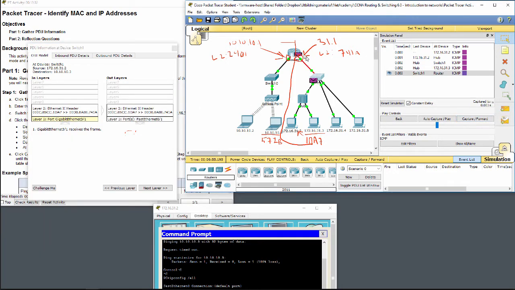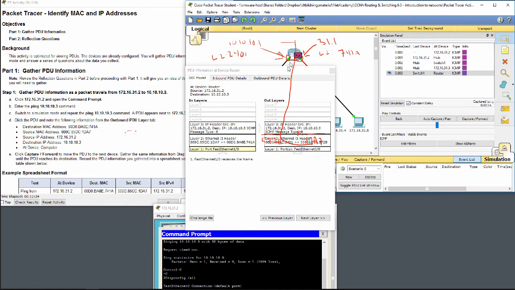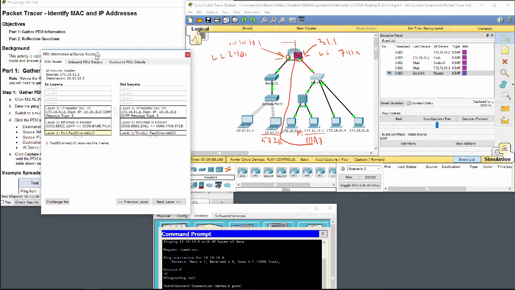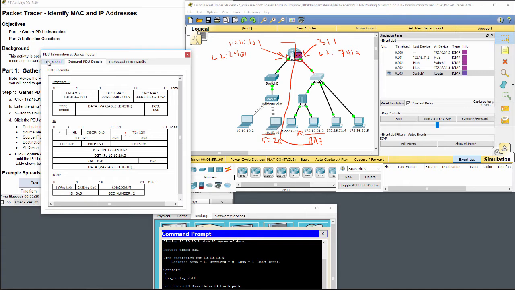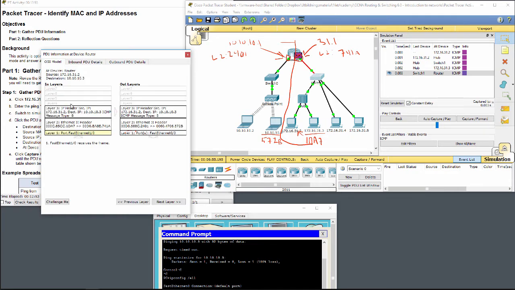Now it comes to the router, and we can look in the router to see that the inbound PDU has a destination of 741A, which is the router itself, and it comes from the A7, and it works on layer 3. And we can see here that it does not change anything on the layer 3 header, at least nothing that is visible in this picture.